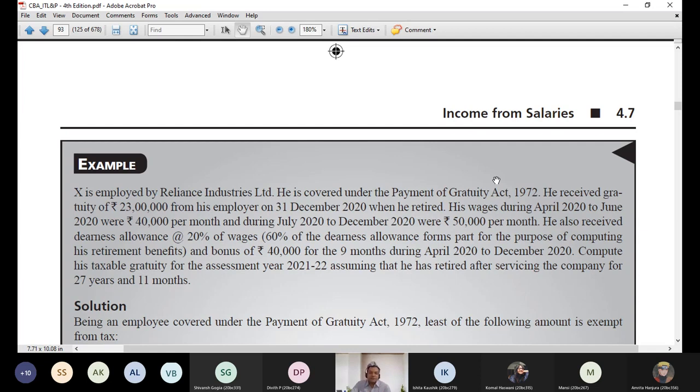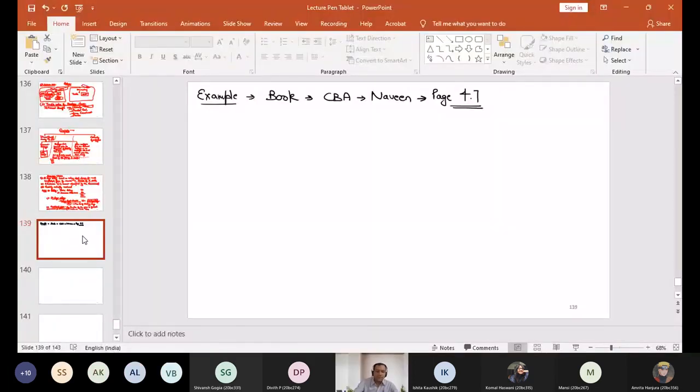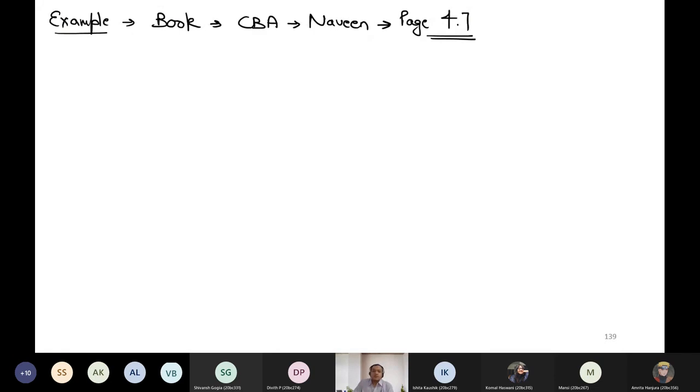Compute his taxable gratuity for the assessment year 21-22, assuming that he has retired after serving the company for 27 years and 11 months. Now let us discuss this case. First of all, before proceeding further, I noticed some points which are relevant.